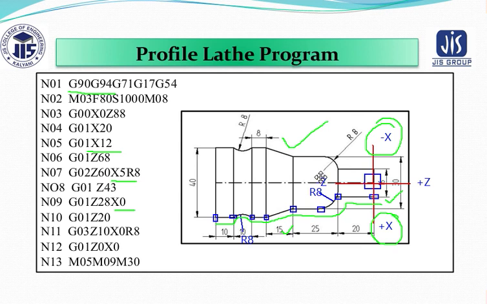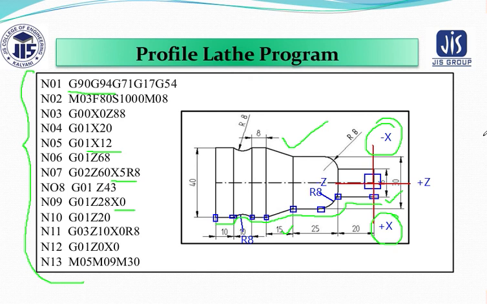If I go for the incremental mode, then the entire program has to be changed, because in incremental mode the coordinate value for the second point is always taken with respect to the first point, and the third point is taken with respect to the second point. But in absolute mode, everything is considered from 0, 0 originally.